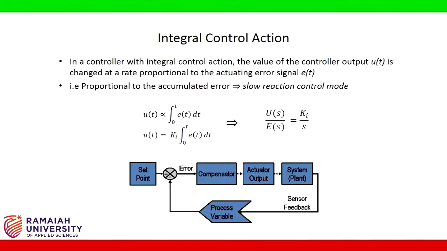In integral control action, U(t) is proportional to the integral from 0 to t of E(t) dt, and U(t) is equal to K_i times the integral from 0 to t of E(t) dt. In Laplace transformed quantities, U(s) divided by E(s) is equal to K_i times 1 by s.